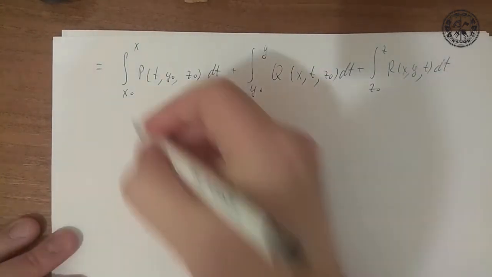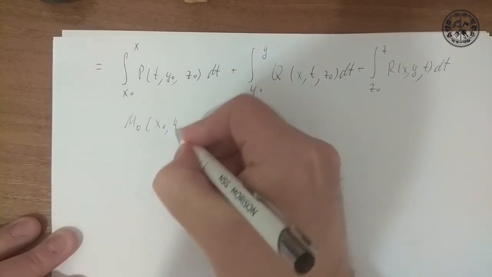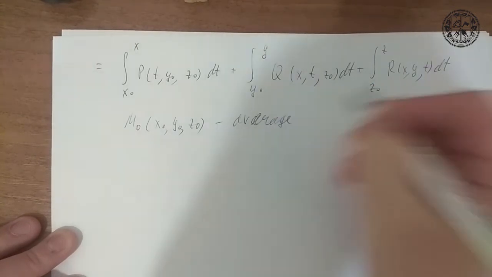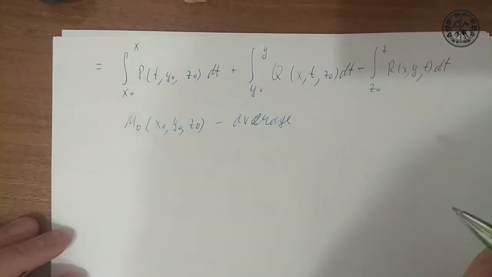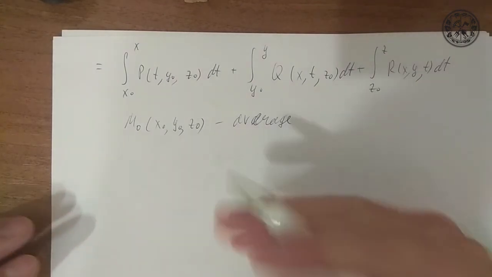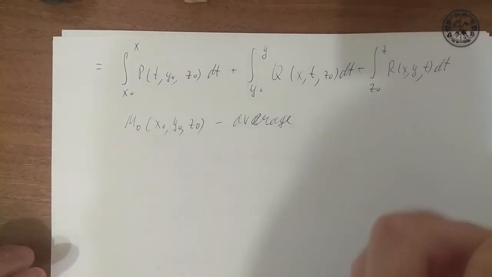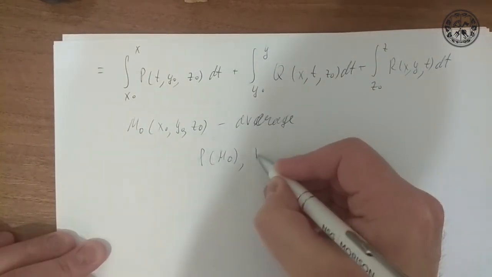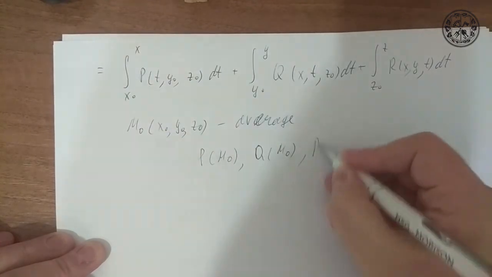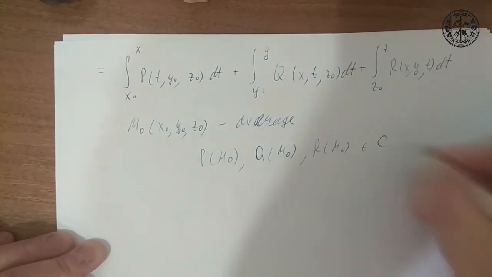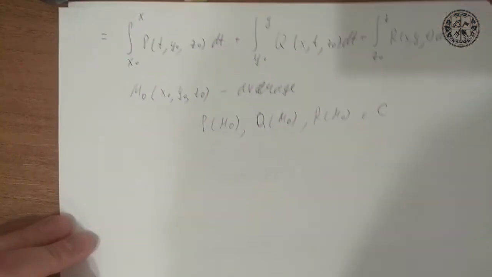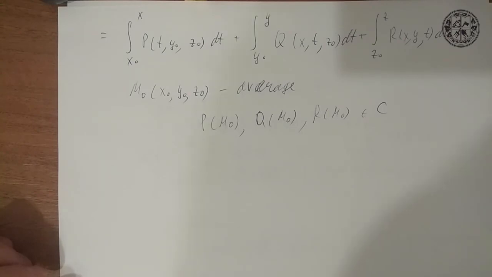This point m0 with coordinates x0, y0, z0 is some arbitrary point, but this point has to be a point of continuity for functions p, q, r. So p of m0, q of m0, r of m0 are continuous. It can also be rewritten for two variable functions, for the two-dimensional case.